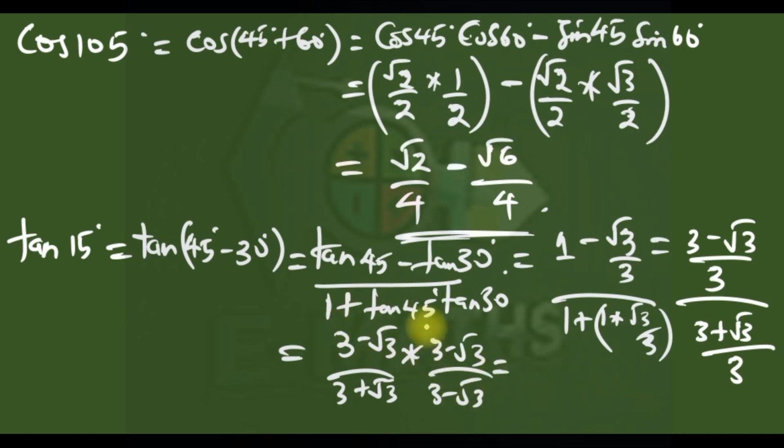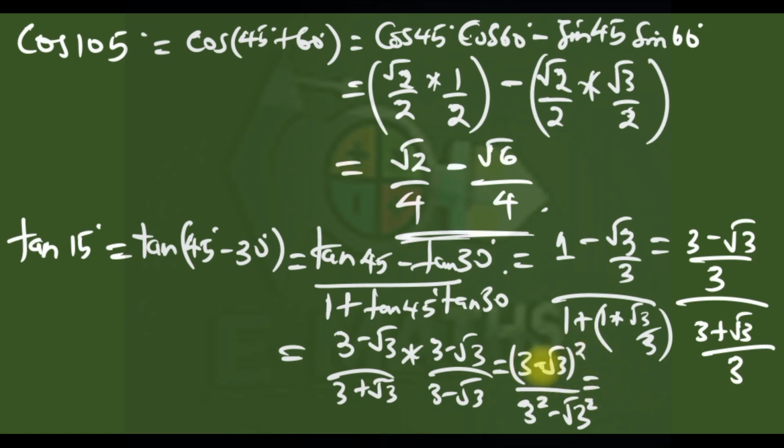The numerator is 3 minus root 3 all squared, and the denominator is a difference of two squares: 3 squared minus root 3 squared.